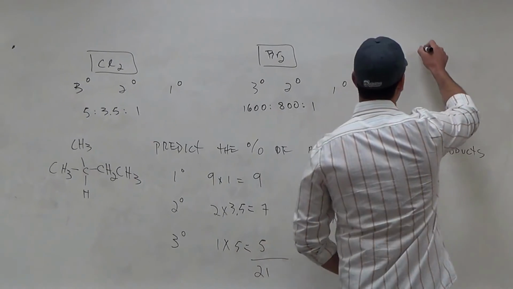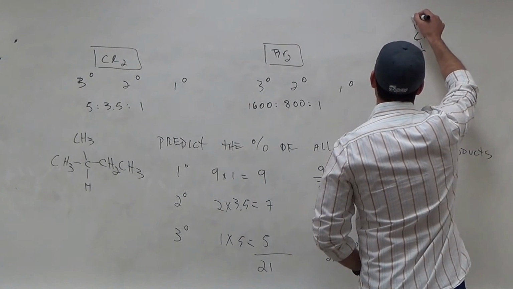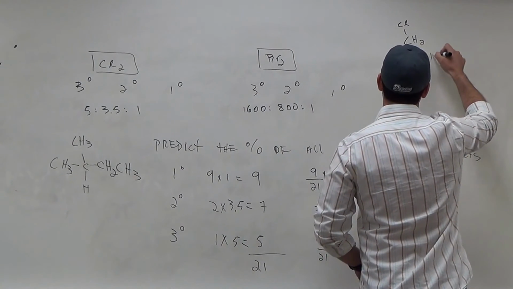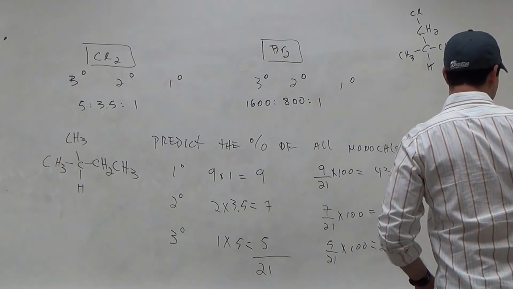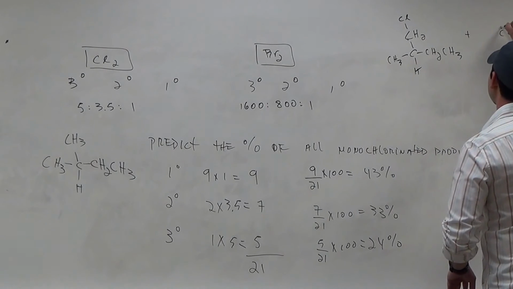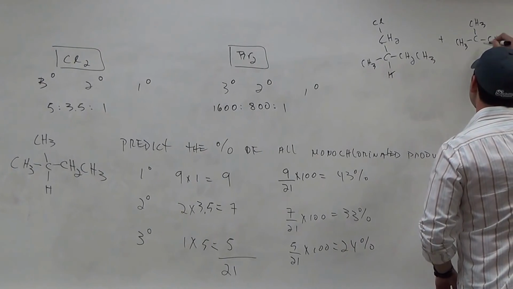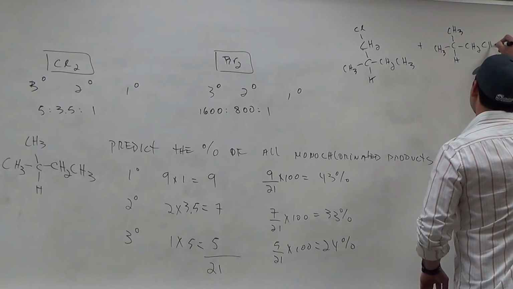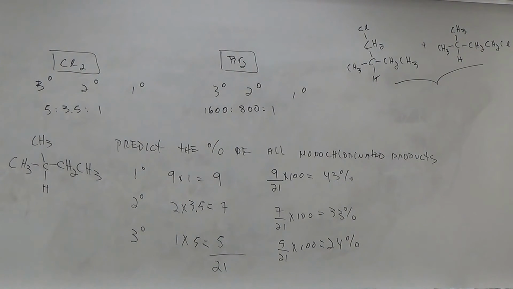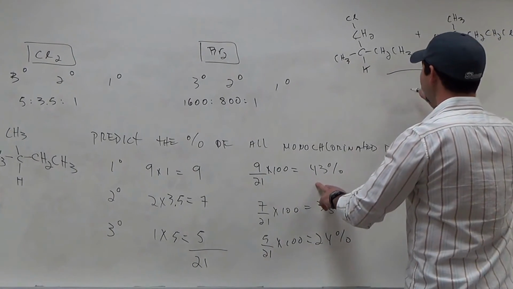We're gonna say that this one and this one plus this one, both of these are how much? Those are primary, yes? Both of those are how much? 43%.